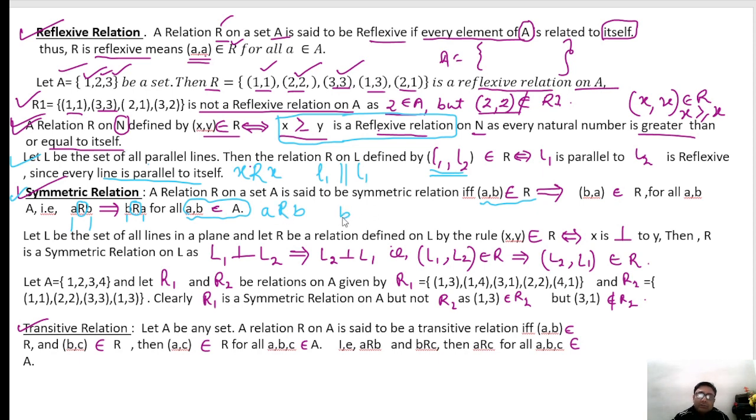Now interchange the numbers with the condition R in the middle. If both come the same, then it is a symmetric relation.